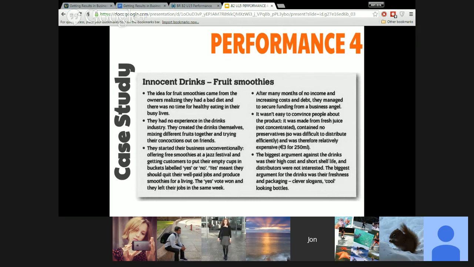They started their business unconventionally, offering free smoothies at a jazz festival and getting customers to put the empty cups in buckets labeled yes or no. Yes meant they should quit their well-paid jobs and produce smoothies for a living. The yes vote won and they left their jobs in the same week.